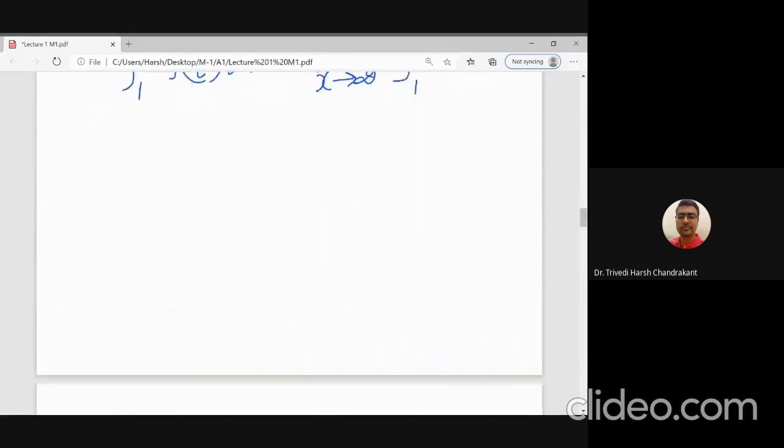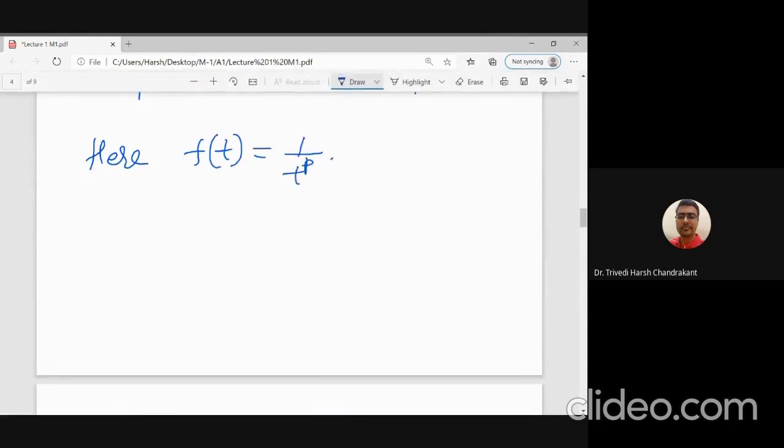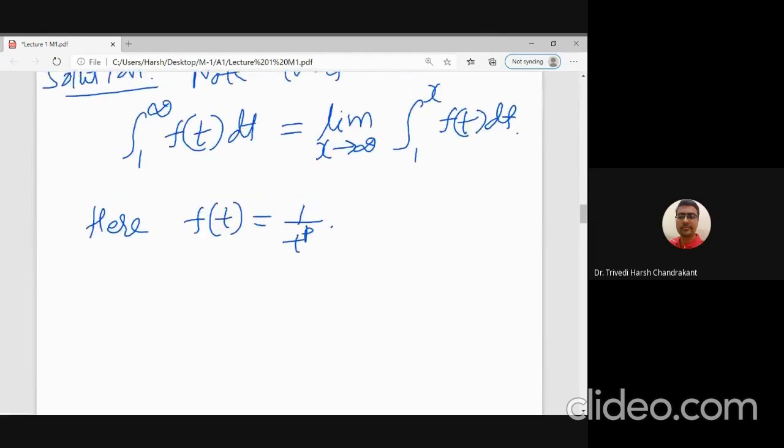So that is our function f(t). So here f(t) is 1 upon t power p. We want to first integrate the function over the interval 1 to x, and then we will see whether the limit of this integral as x tends to infinity is convergent or not. So let us first find out what the integral is.